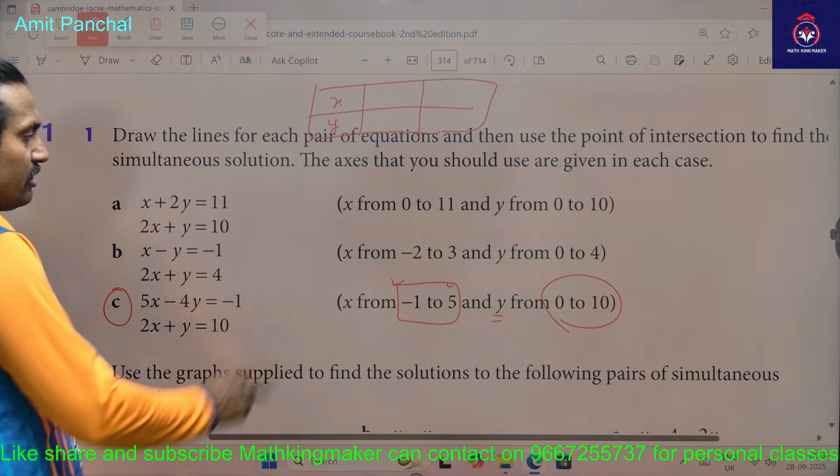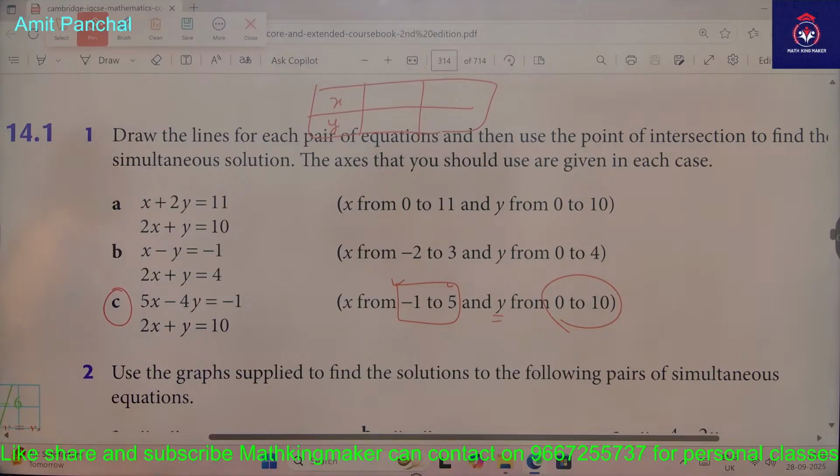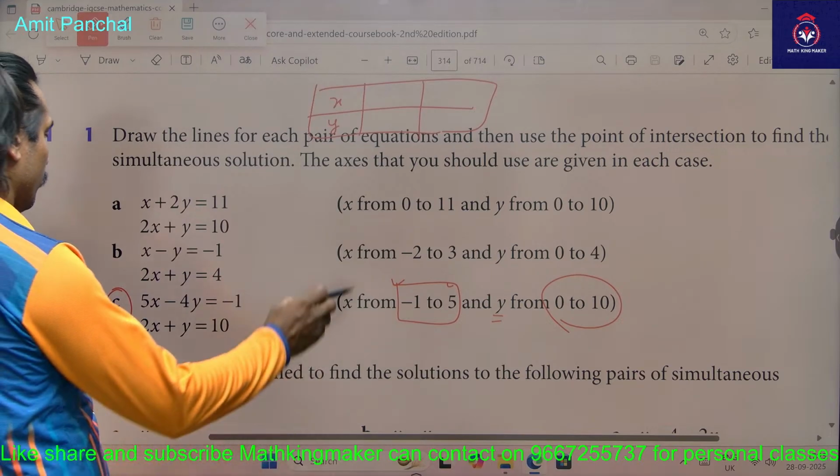So if x is -1, then the y value will also have to be -1, so it can't be +4. That will not work.